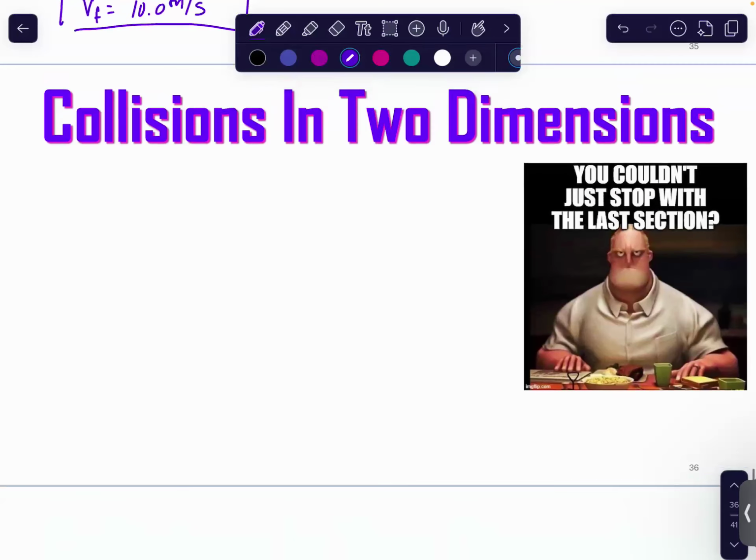Let's look at collisions in two dimensions. This is going to take into account that our velocity vectors and thusly our momentum vectors are going to have components. So let's look at a before and after situation.